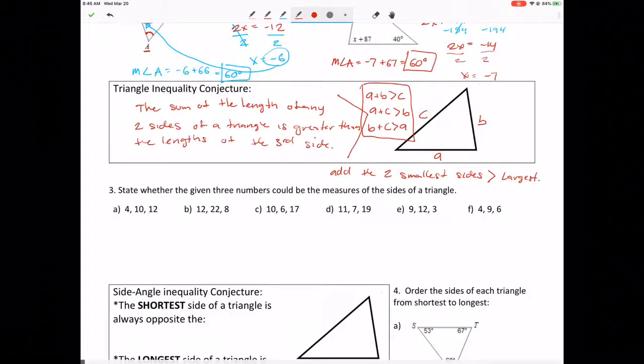For example, for 3a, these are our two smallest. We add those together, that gives us 14. Is 14 greater than the largest side of the triangle? You bet it is. So yes, this makes a triangle.